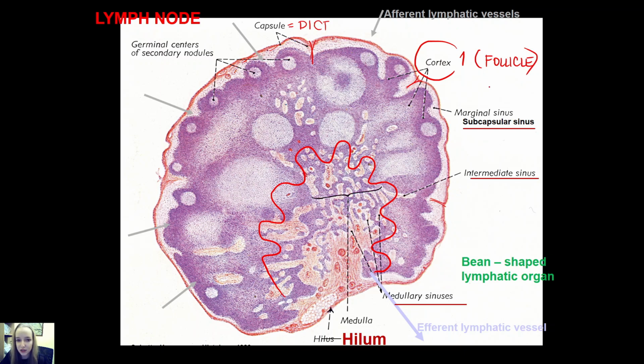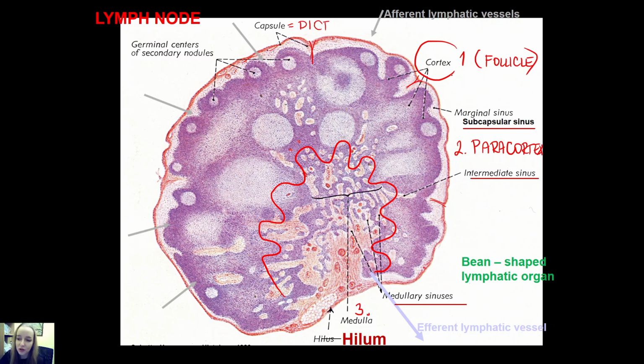Paracortex. I don't know if it's written somewhere here, probably not. So the second one will be paracortex. That's the second region over here. And here in the center, we can find the medulla. Medulla in the center. Third part. So actually 3 basic parts. You should know them, you should be able to describe them.